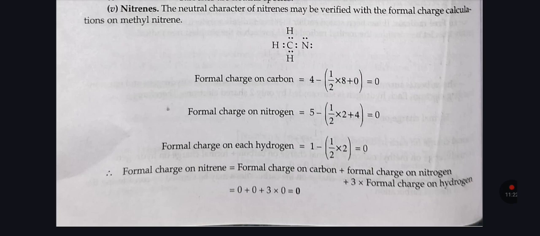The formal charge on each hydrogen is equal to 1 minus 1/2 × 2, which will give 0. Therefore, the formal charge on the nitrene is equal to the formal charge on carbon plus the formal charge on nitrogen plus 3 times the formal charge on hydrogen, which gives 0 + 0 + 3 × 0. It is equal to 0.